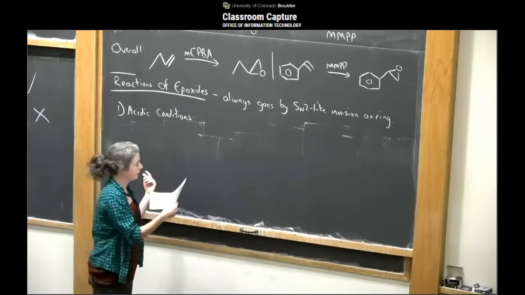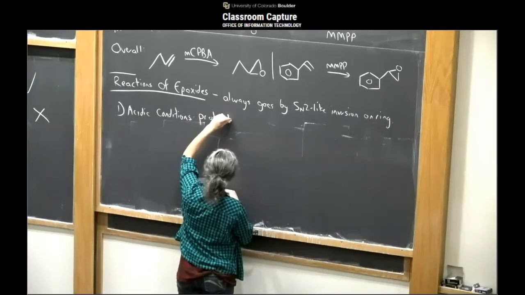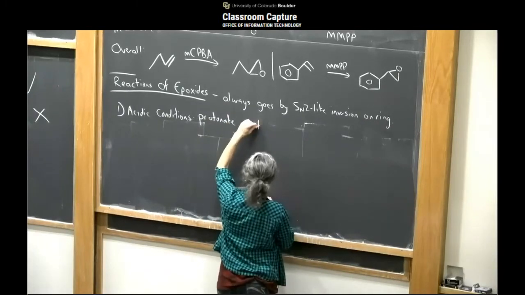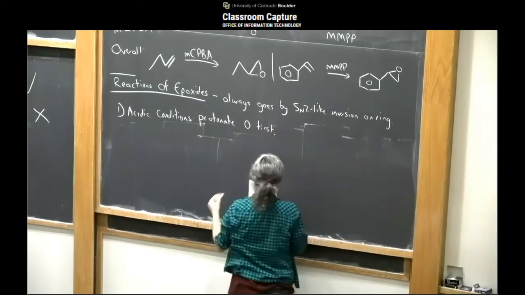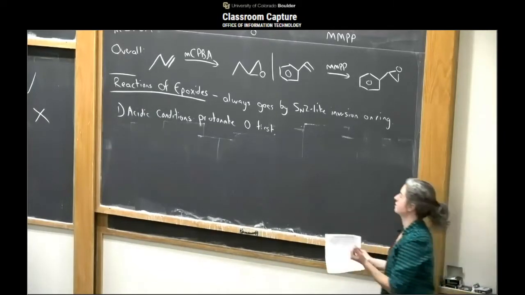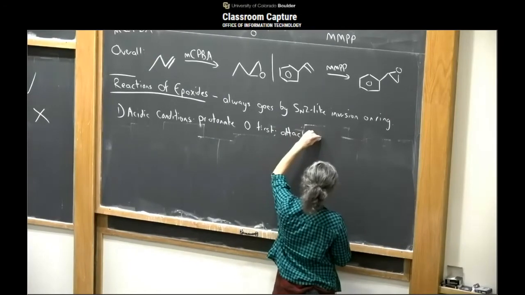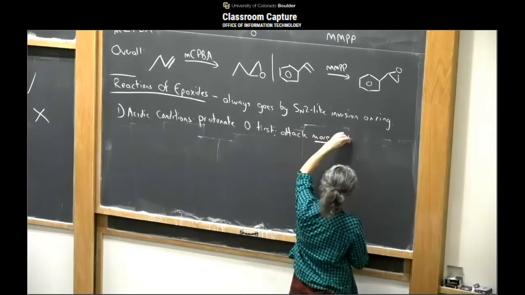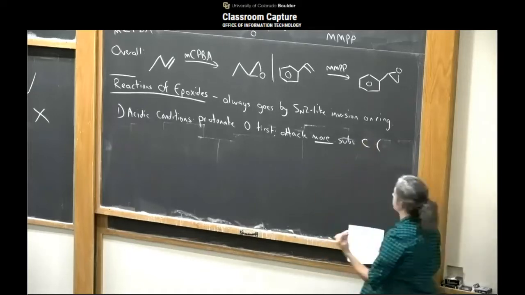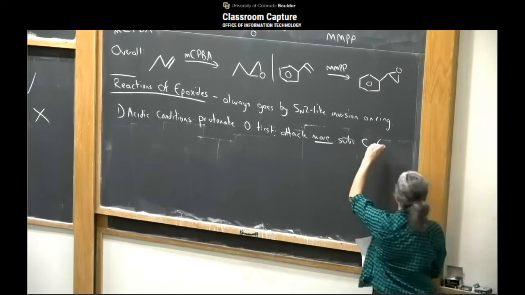We're going to protonate the oxygen first. Then we're going to attack the more substituted carbon. This is actually the closest analogy to bromonium ring opening from before.